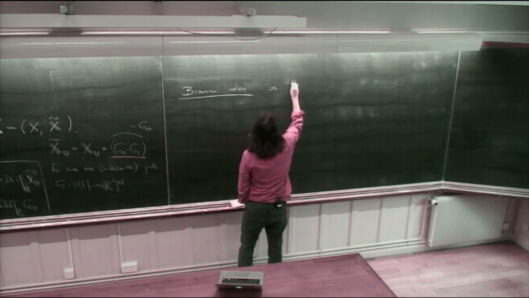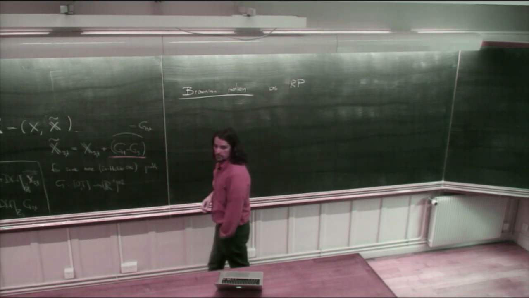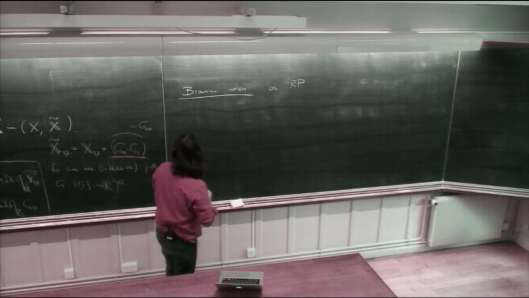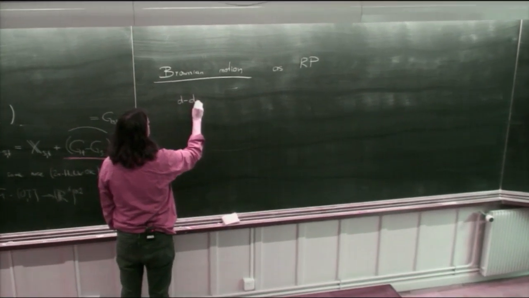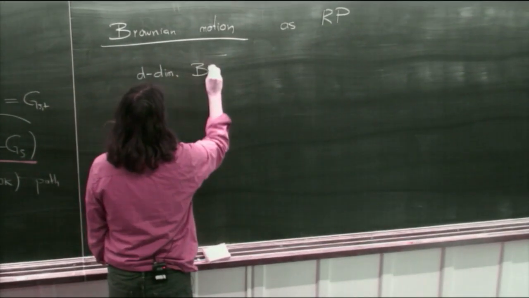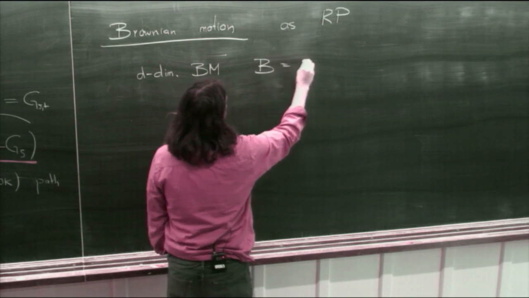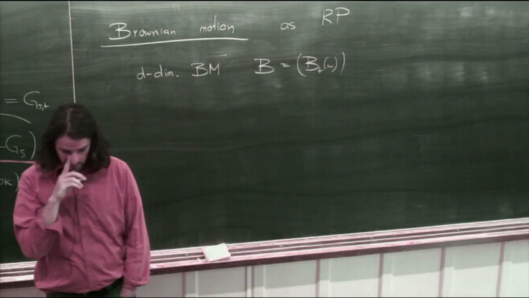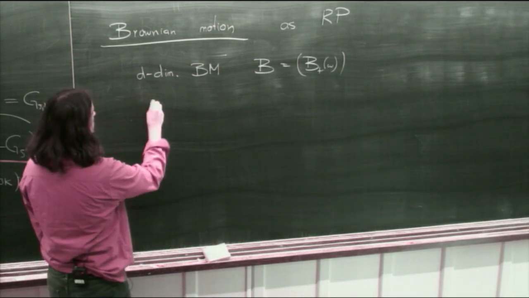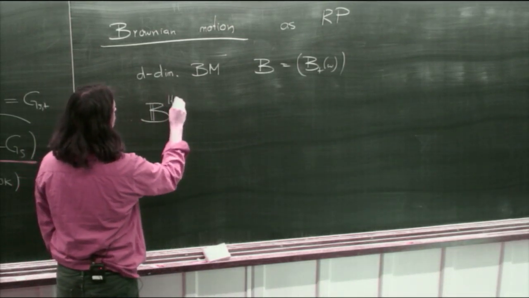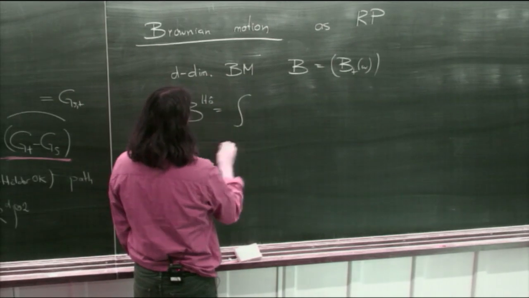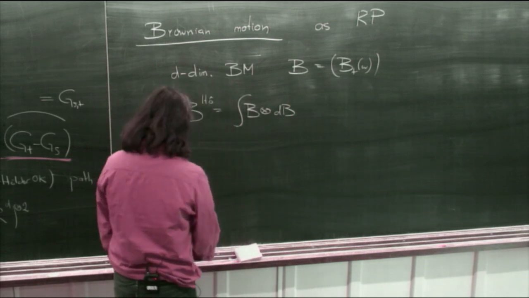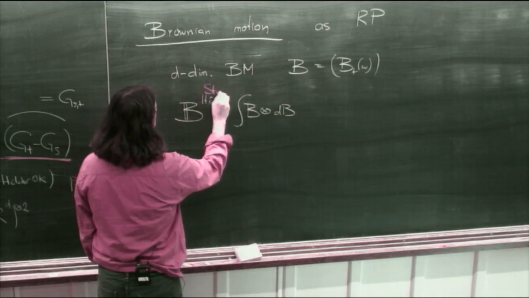So we take a d-dimensional Brownian motion B, as a function of t and omega. And as I just said, you can do two things. You can do this in the Ito sense, or you can do it in the Stratonovich sense.